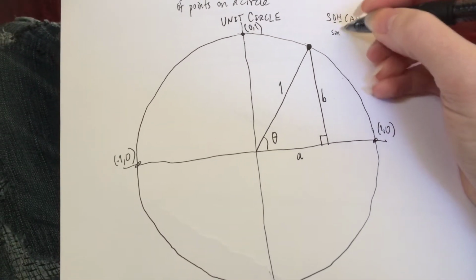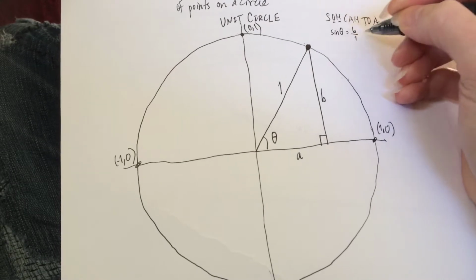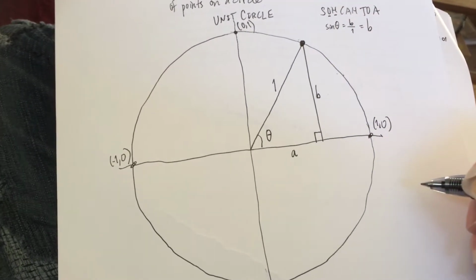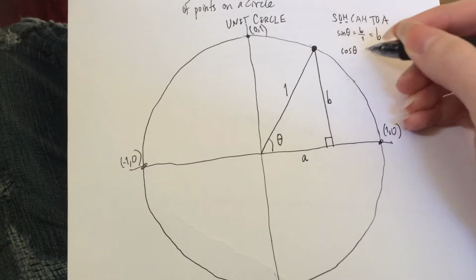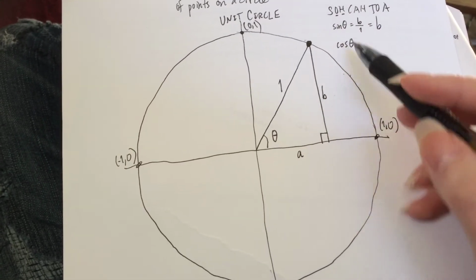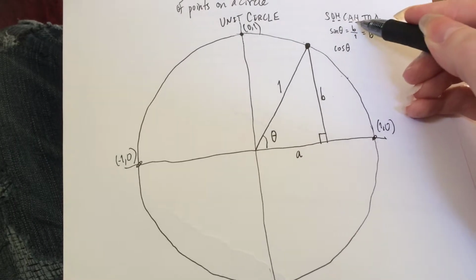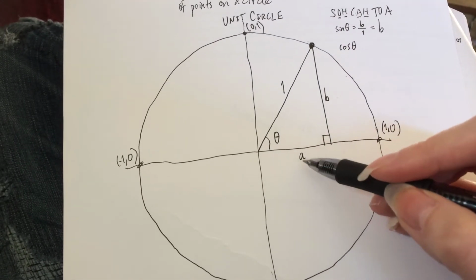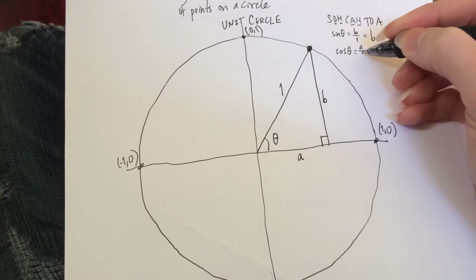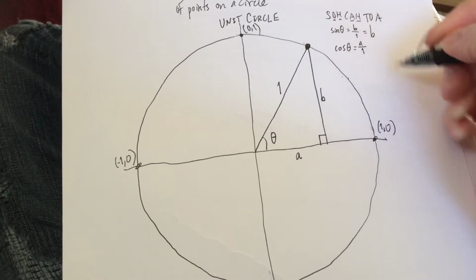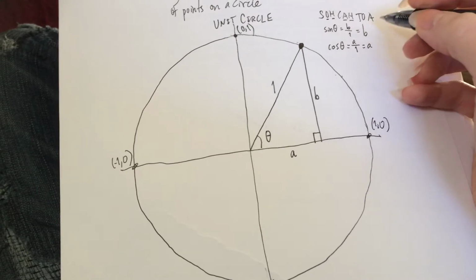So sine theta equals B over 1, which of course is just B. Then cosine theta is adjacent over hypotenuse. So adjacent over hypotenuse is going to be A over 1. So cosine theta is A over 1, which is just A.